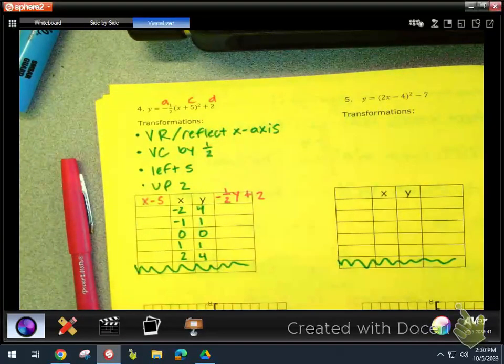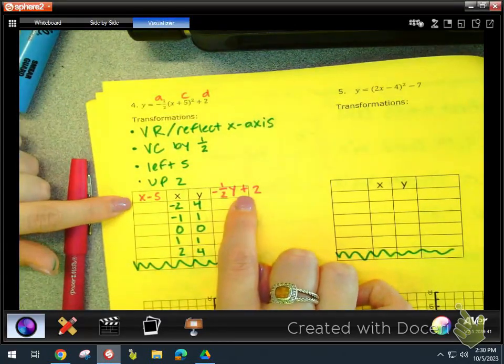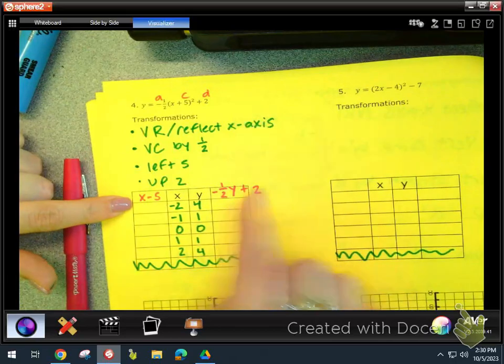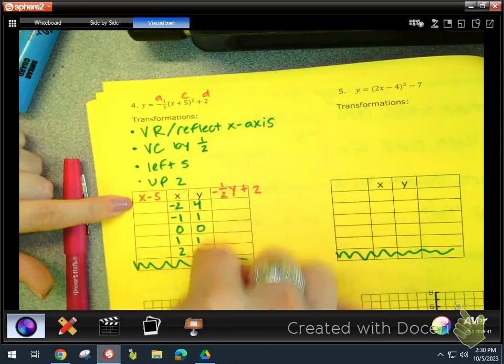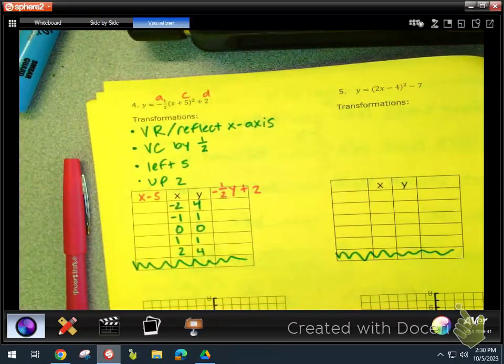Now, here's something that sometimes confuses people. The equation has a squared in it. Yes, they will all have squares in it. I do not have to account for that squared anywhere in here, just like I didn't have to account for the absolute value, because I'm starting with these. So this is what's nice about transformations: it doesn't really matter what's going on in that original equation.